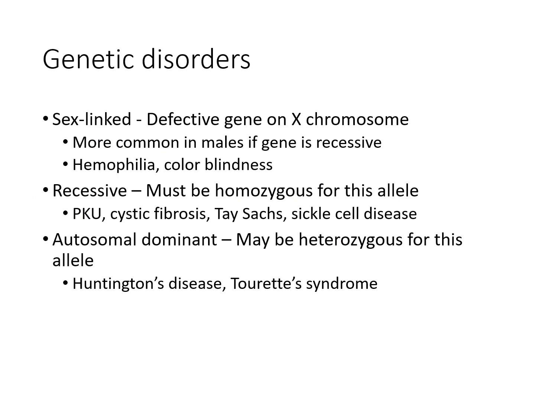So let's take a look at some concepts that underlie genetic disorders. The first one is sex-linked, and this means that there's a defective gene on the X chromosome. And of course, this is more common in males if the gene is recessive. Some examples of this include hemophilia and color blindness. So here we have a male with his X and Y chromosomes, and here we have a female with two X chromosomes.